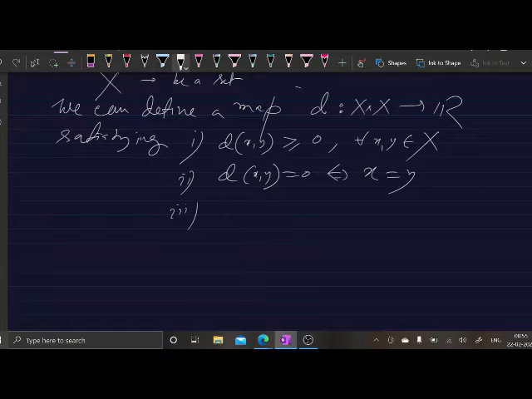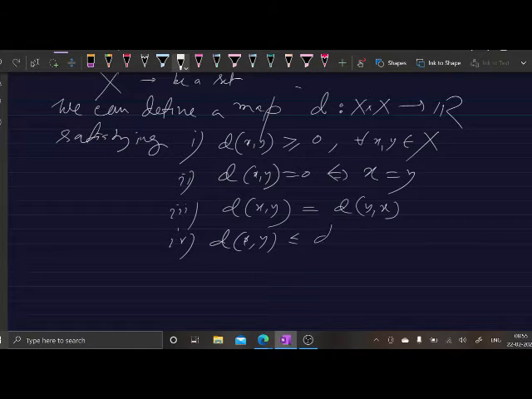Number 3, d of xy is equal to d of yx. And number 4, d of xy is less or equal to d of xz plus d of zy.